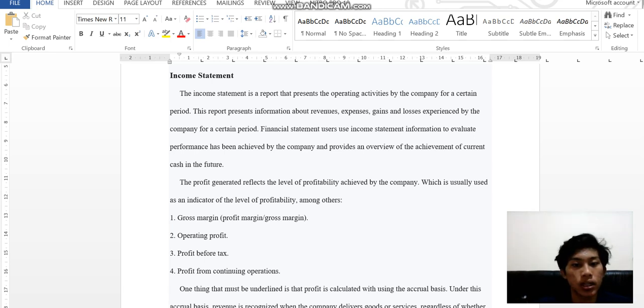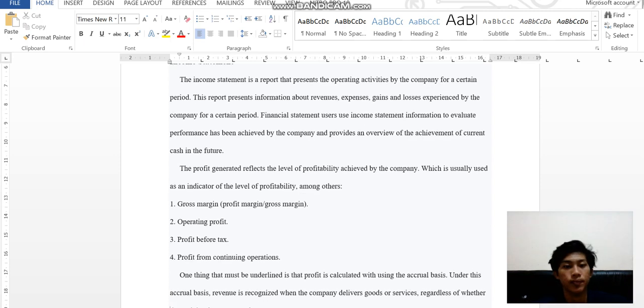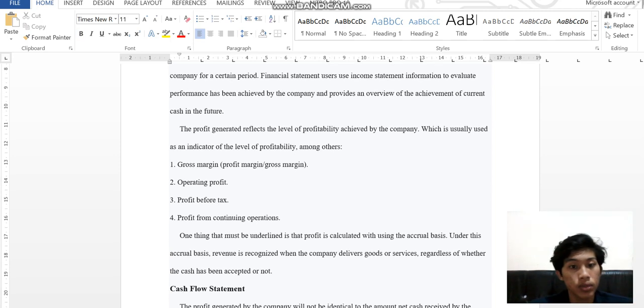The profit generated reflects the level of profitability achieved by the company, which is usually used as an indicator of the level of profitability, among others: 1. Gross margin or profit margin. 2. Operating profit. 3. Profit before tax. 4.